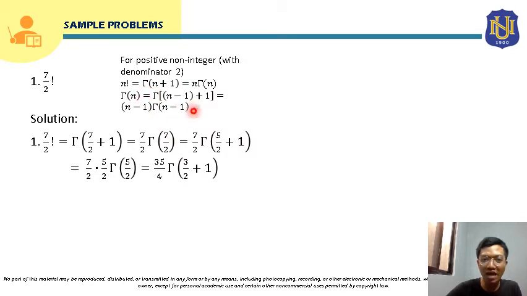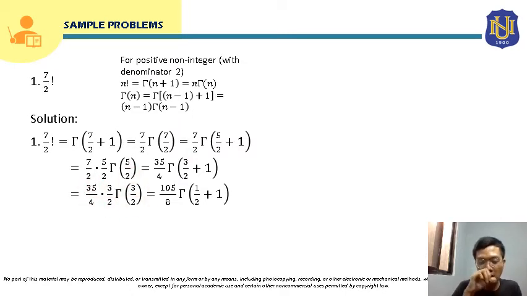Our n minus 1 here is 3 halves, so we will factor out that n minus 1, which is 3 halves. That will become 3 halves, gamma of n minus 1, wherein n minus 1 is 3 halves. Again, this is now already 3 halves, so we have to continue further until it becomes 1 half.